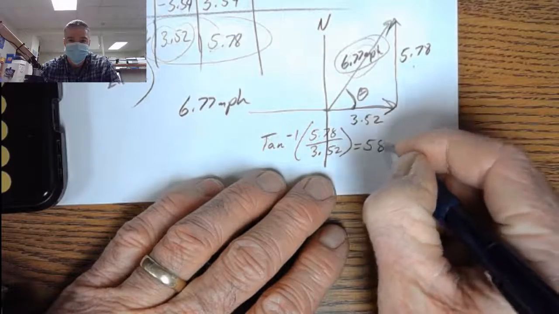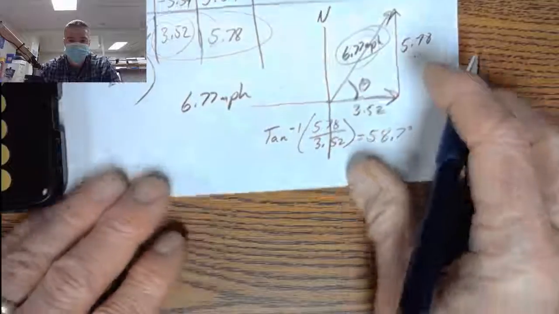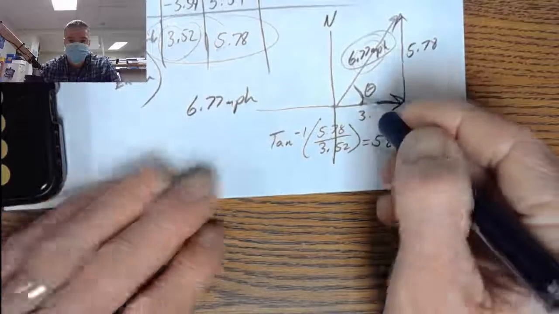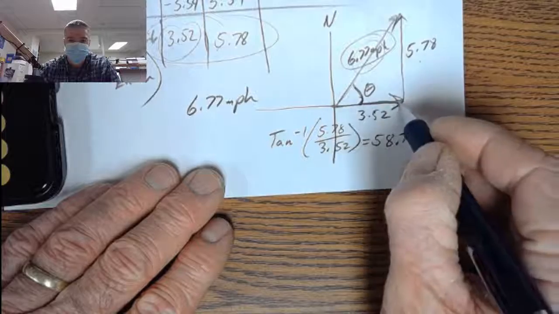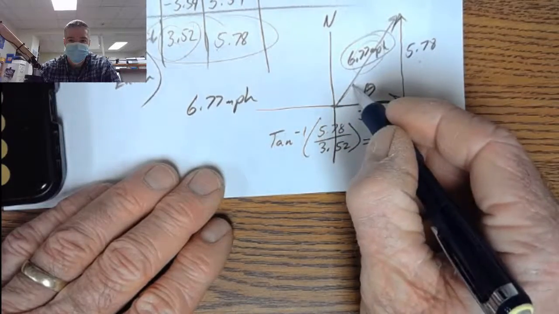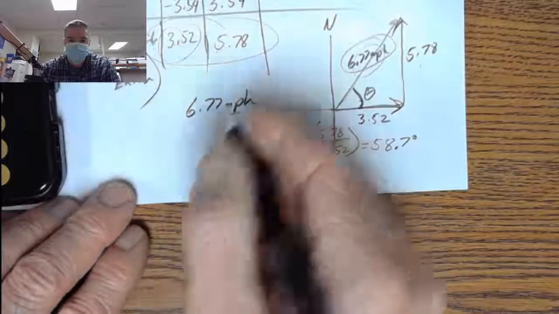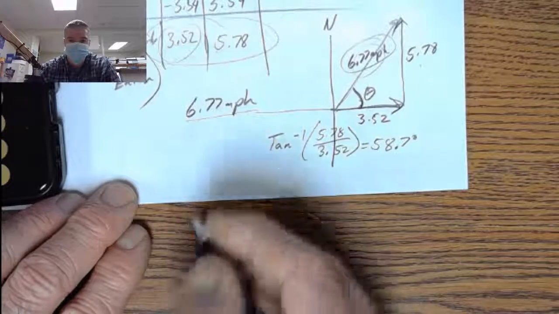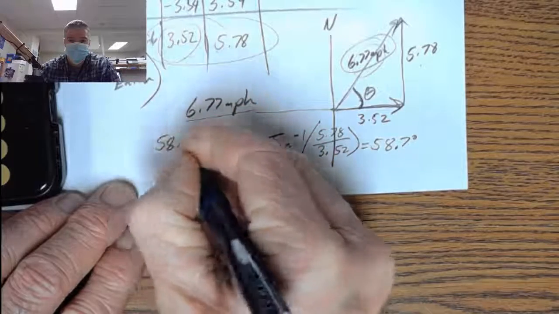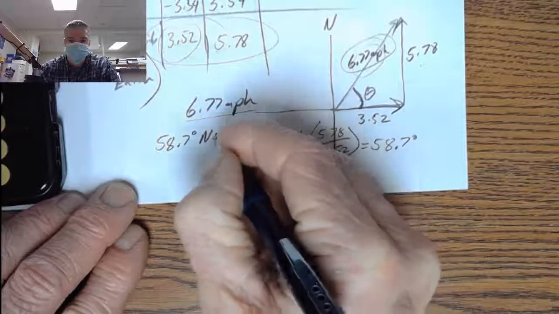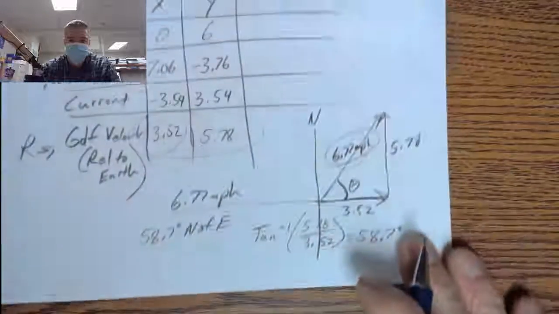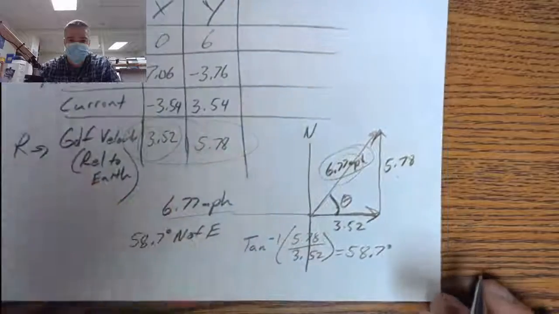So that angle, if I start at east and swing to the north of it, then I've got it. So my answer is going to be 6.77 miles per hour, 58.7 degrees north of east. And if I made some mistakes, they were minor ones.